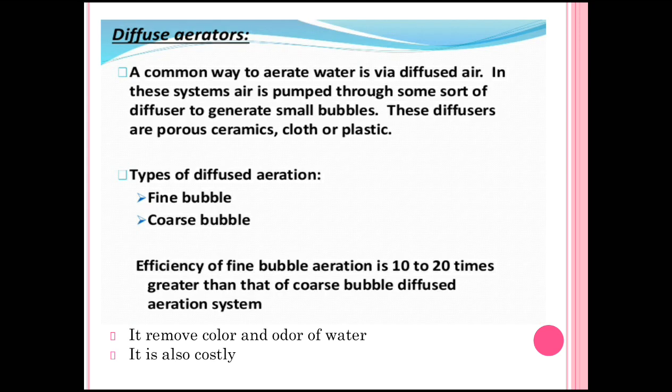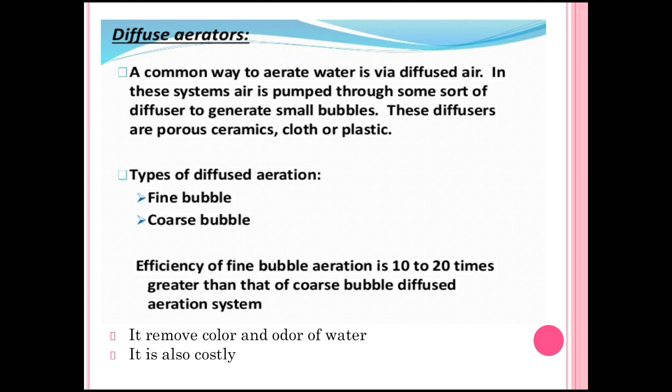A common way to aerate water is via diffused air. In this system, air is pumped through some sort of diffuser to generate small bubbles. These diffusers are porous ceramic, cloth or plastic. The diffuser is again divided into two subtypes, fine bubbles and coarse bubbles.